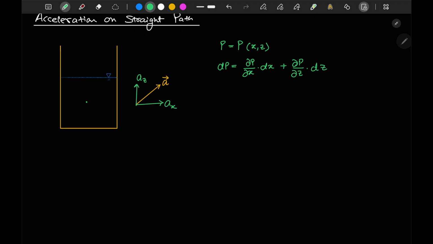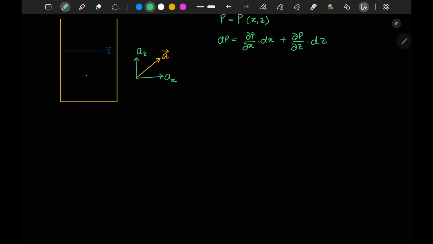Here we know that your del p by del x is equal to rho ax, with a minus sign, and your del p by del z is equal to minus rho times g plus az.